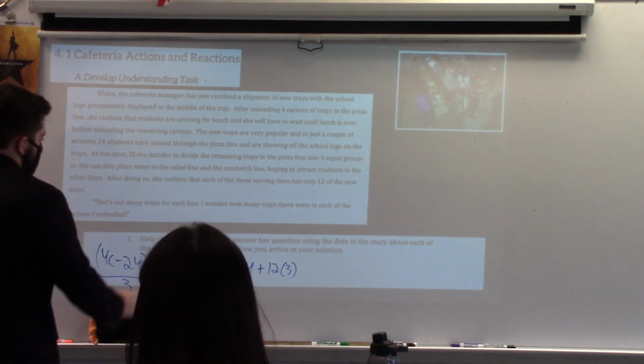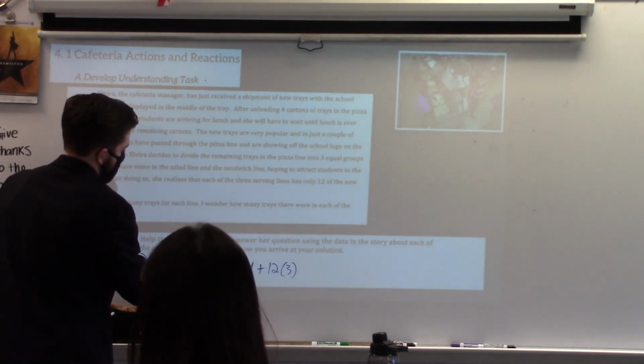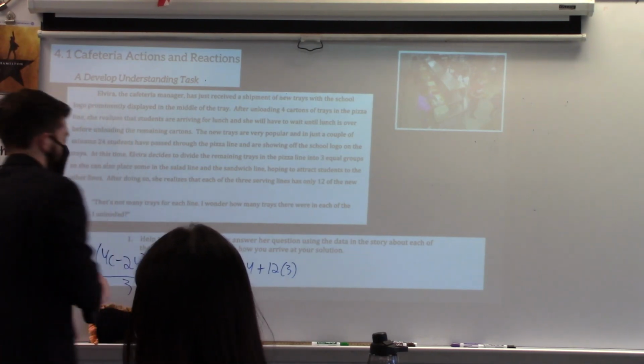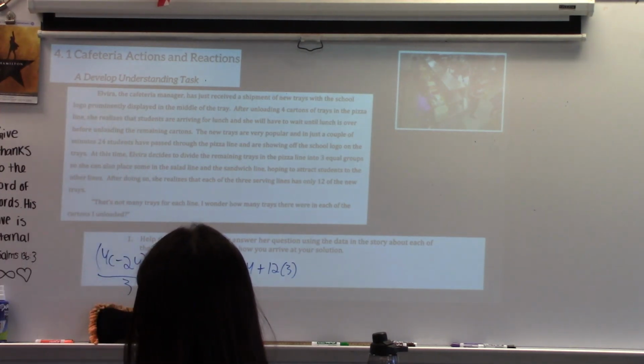So what's different about these 2 equations? Come on, guys, what are the differences between these equations? They equal differently.